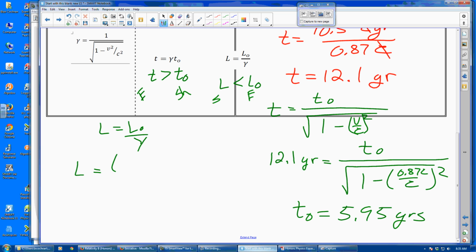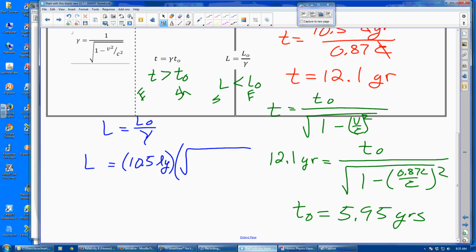L naught is going to be my 10.5 light years. L equals L naught over gamma, where L is from the ship's frame of reference. When I divide by gamma, it's like multiplying by the denominator, so the square root of 1 minus 0.87 c over c quantity squared.